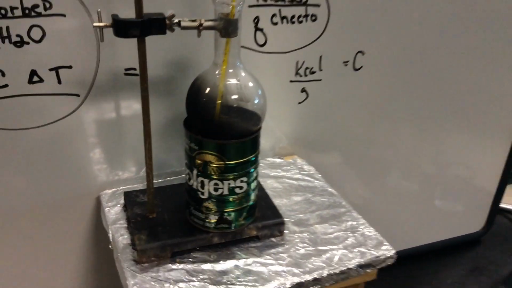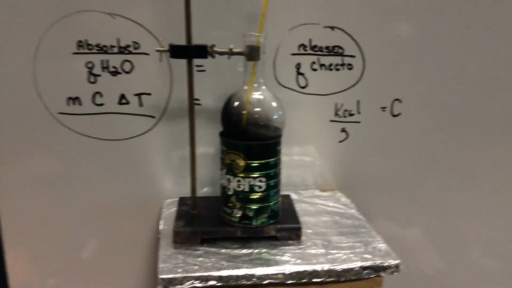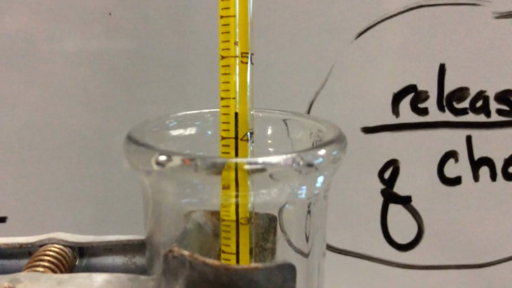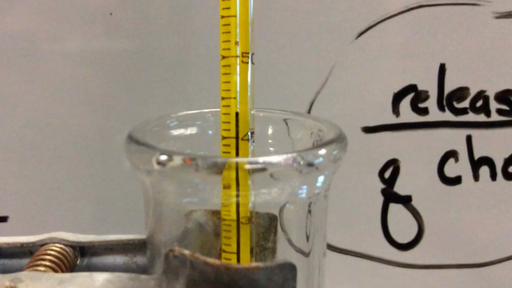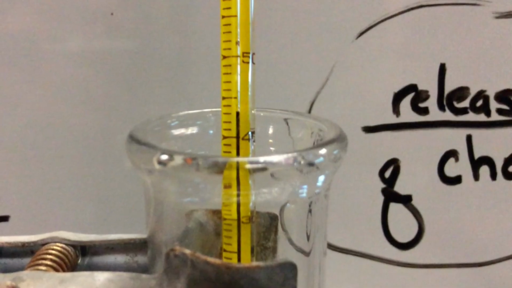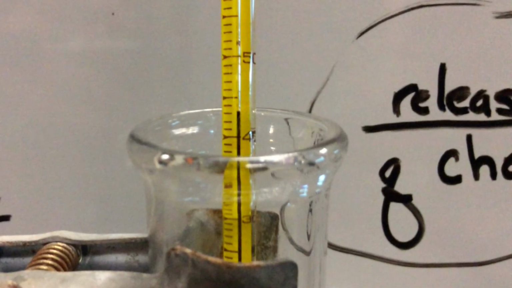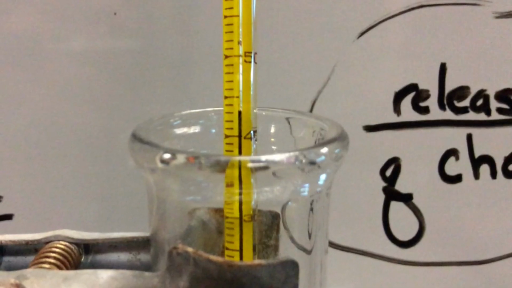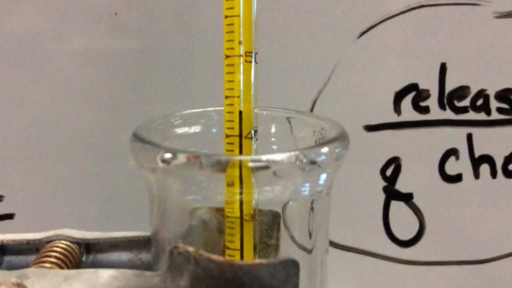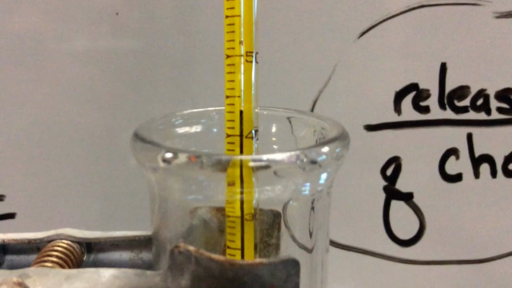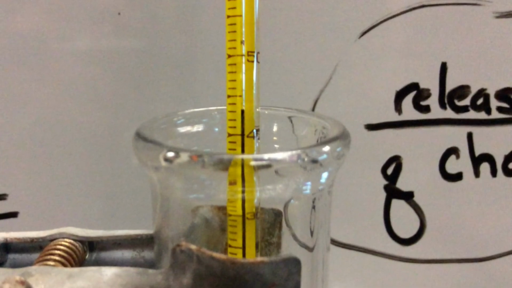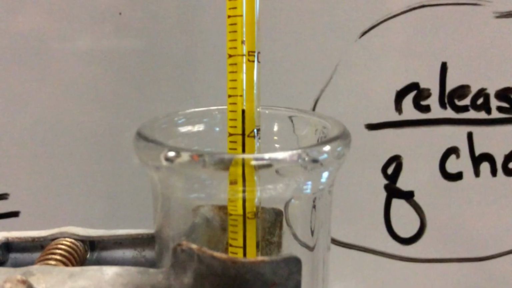But clearly a nice chemical reaction. So now we're trying to find the warmest temperature of the water, the final temperature, because the water went up because it absorbed heat. And if you look, we're certain of the 40, 41, 42, 43, and I'm going to guess 43.6. It may not quite look that way because of the angle of the picture, but we're going to go with 43.6 degrees Celsius.